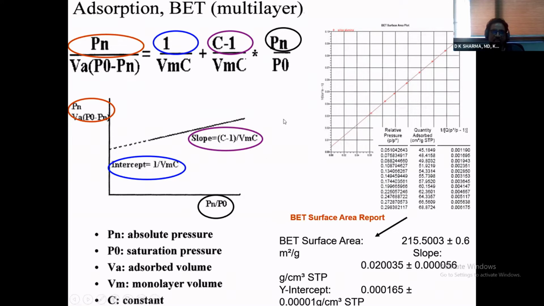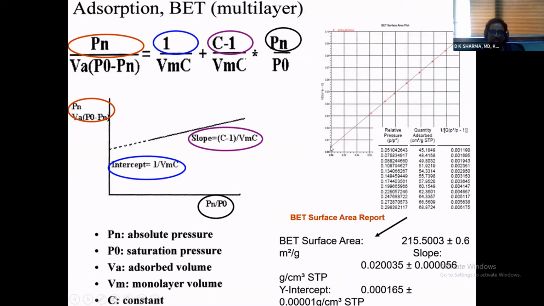C is basically an indication of net heat of adsorption. If you are having an adsorption, you can't afford to be having a negative C. Another thing is, if you have negative C, the equation actually won't give you this kind of curve.